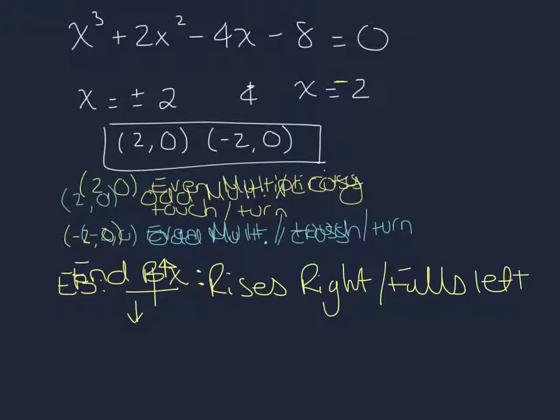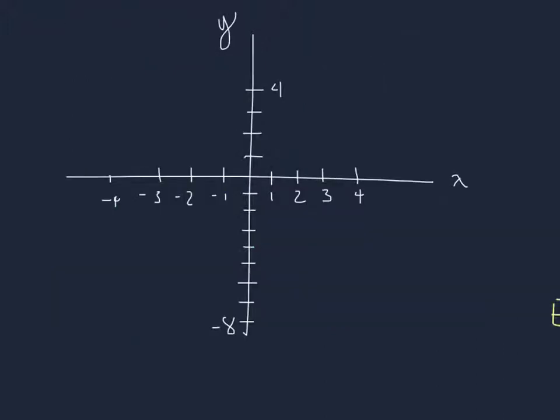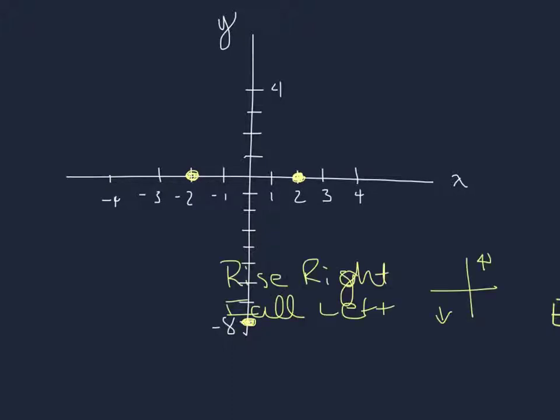Now let's put all that together and graph it. From here, we're going to graph what we just found. I want to graph my intercepts, so ±2, and my y-intercept. Remember, it's going to fall on the left and rise on the right. So I want to connect these points considering the multiplicity.